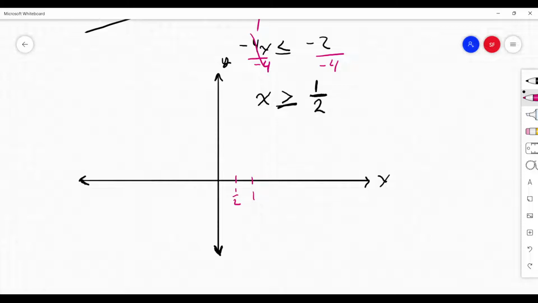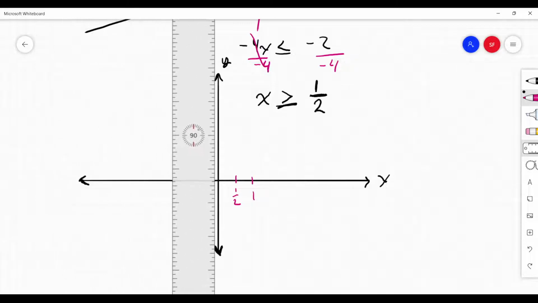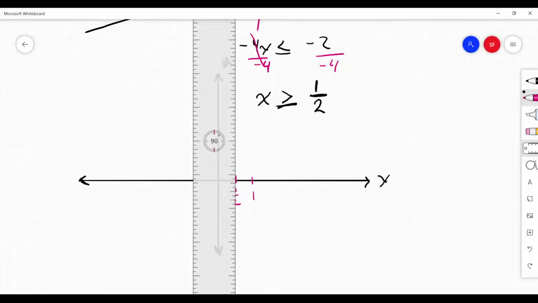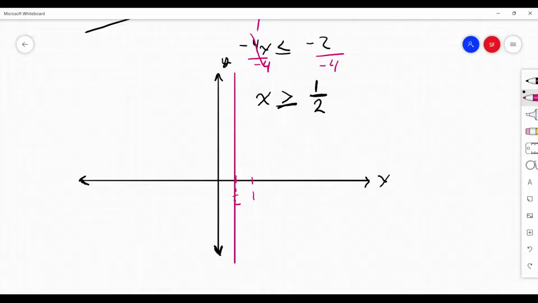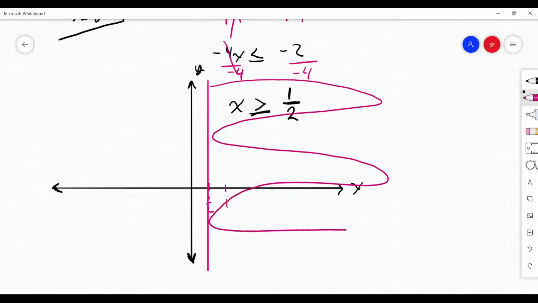So, what does the line look like? It has to be straight up and down, because x is always equal to 1/2. Actually, it's greater than or equal to 1/2. Which direction are we going to shade? Right, because it's the positive side. I did it like a number line graph. So you're almost right.